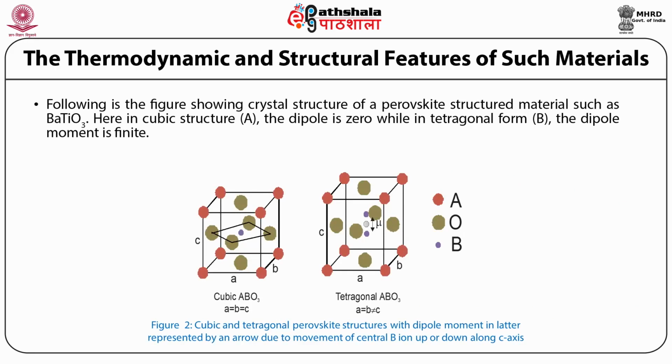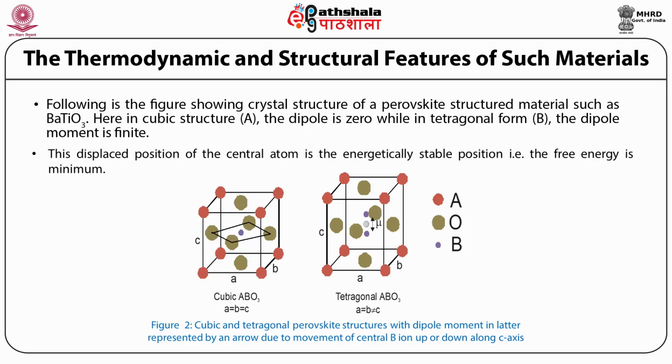Here in the cubic structure, the dipole is zero, while in the tetragonal structure, that is figure B, the dipole moment is finite. And the displaced position of the central atom is the energetically stable position, that is, the free energy is minimum.